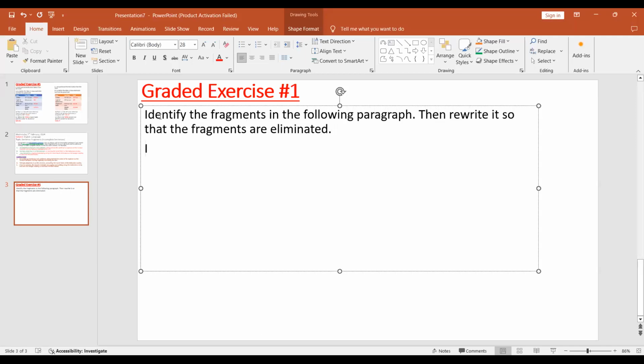Okay, so here's the paragraph. Write it out first and then rewrite it so that we don't have any more sentence fragments.